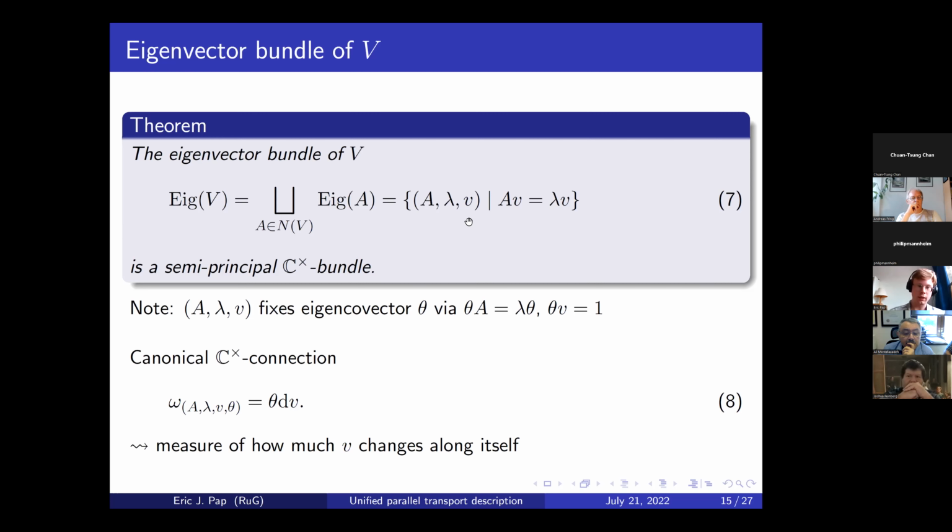And the claim is that this is a semi-principal bundle. And again, you can check this directly, or you can verify that this is the pullback of something simpler. So recently we found that you can look at directions in the vector space, or ways in which you can decompose V into one-dimensional subspaces. And this actually also gives you a semi-principal bundle, and this is the pullback of that.